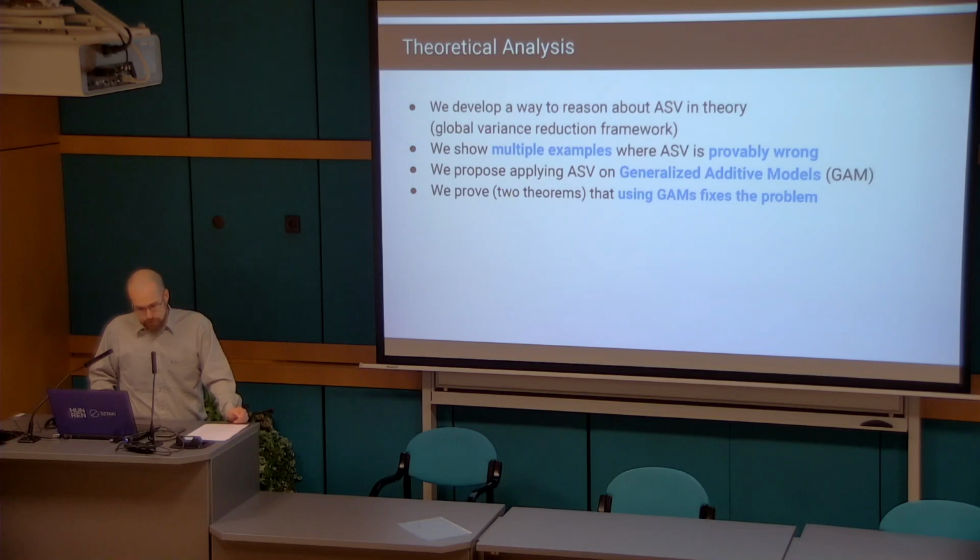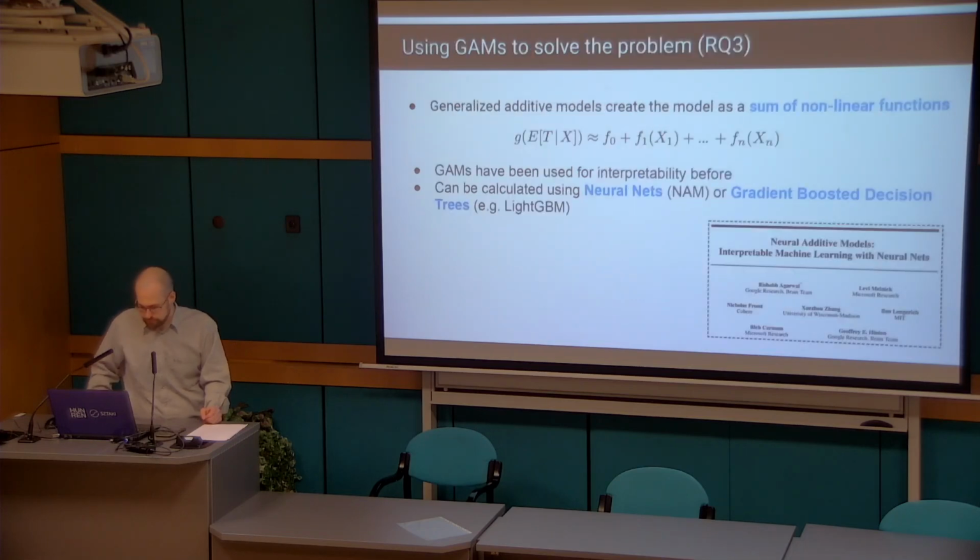We show multiple examples where asymmetric Shapley values is probably wrong using our evaluation framework. And then we propose a solution, which is to apply generalized additive models instead of arbitrary models for modeling the problem, which I'm going to talk about.